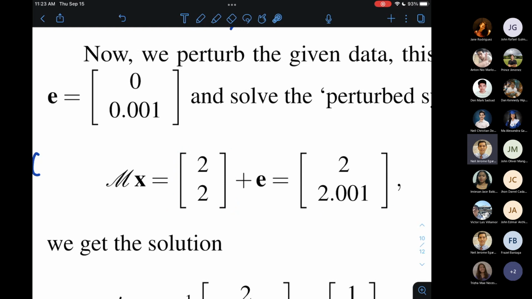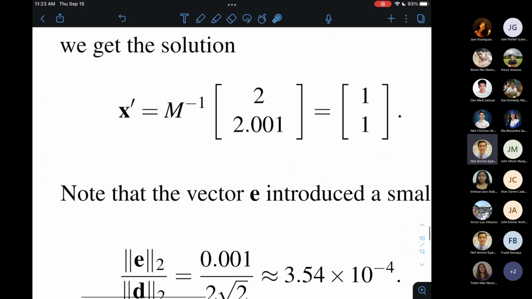Now, it seems not to be a big deal kasi invertible naman yung matrix M that characterizes the operator curly M. So kung isosolve ko si MX equals 2, 2.001, ang solution ko pa rin ay say X prime. X prime ang gagamitin ko para sa noisy solution ay M inverse times the right-hand side, the noisy right-hand side. Ang makukuha ko ngayon ay 1,1.